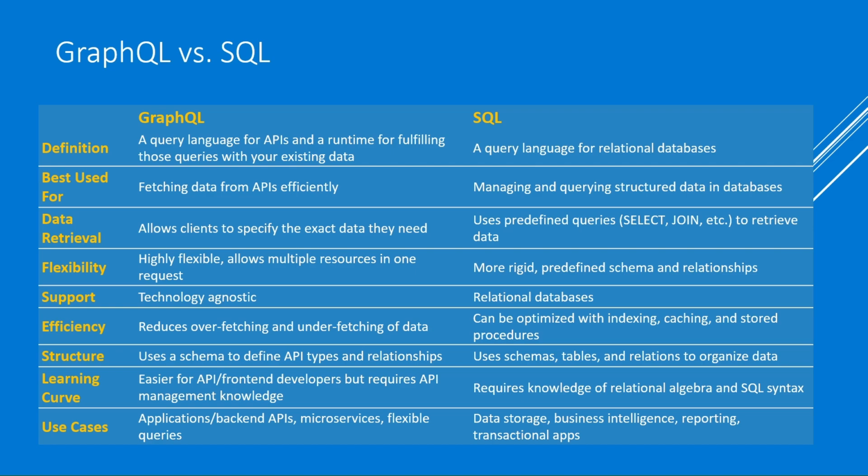GraphQL is best used for fetching data from APIs efficiently, and SQL is used for managing and querying structured data in databases. Data retrieval in GraphQL is very simple. We just need a GraphQL client, and the clients define the data that they need. In SQL, you use predefined queries to retrieve data, like selects, joins, inserts, and so on and so forth.